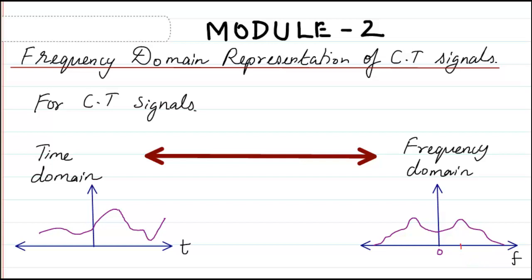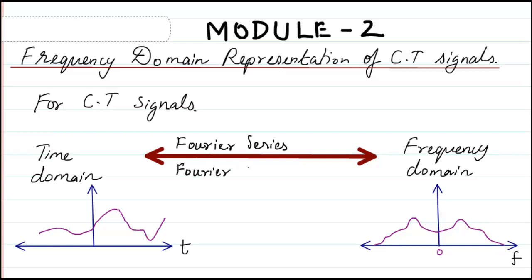And when we say that we want to represent the continuous time signal in frequency domain, it has to be taken from time domain to frequency domain using a mathematical tool, which is basically Fourier series or Fourier transform.